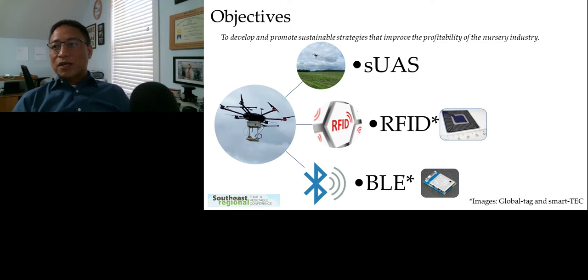A unique aspect of this project is to develop and conduct preliminary testing of BLE as a technology for inventory and to control other devices. This presentation is focused on preliminary efforts by a collaborative team which is trying to evaluate the use of small drones to collect plant inventory using these two technologies.